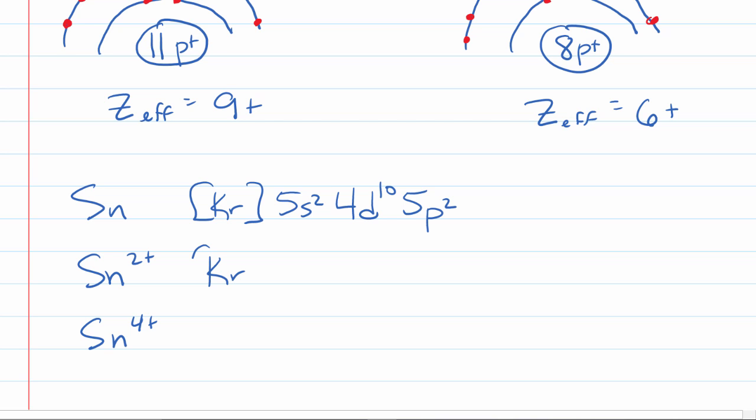Well, remember the complexity of the shape. Are s orbitals more complex or are p orbitals more complex? P's are more complex. So if we want to form a 2+ ion, the electrons that are removed first are the P's. And so its configuration is 5s2, 4d10.